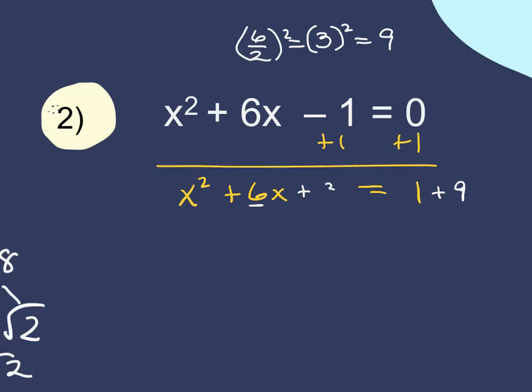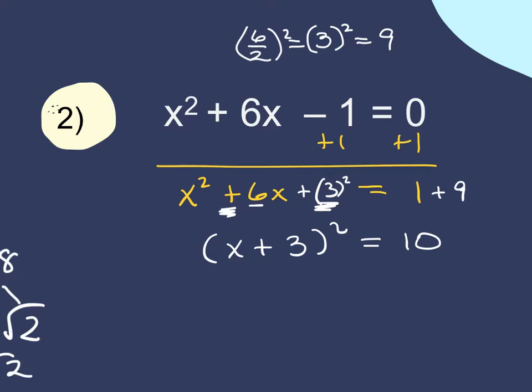So I'm going to put 3 squared in here, just so it makes factoring that trinomial a little bit easier, because now all I have to do is put x plus 3, the number that's in here before you square it. The sign that goes in the binomial is this sign. It's the positive that was in front of your b term. I need to add the 1 plus 9, and I get 10.